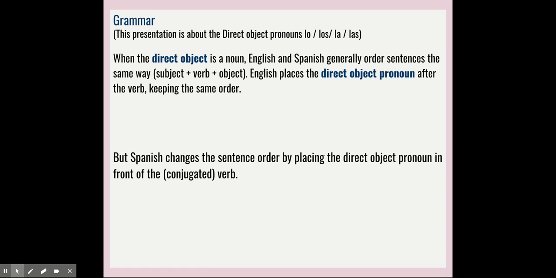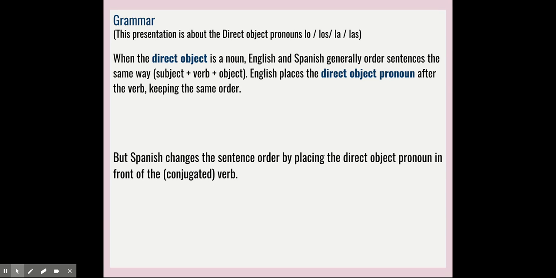When the direct object is a noun, English and Spanish generally order sentences the same way: subject, verb, object. English places the direct object pronoun after the verb, keeping the same order.